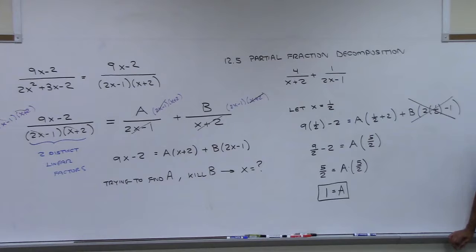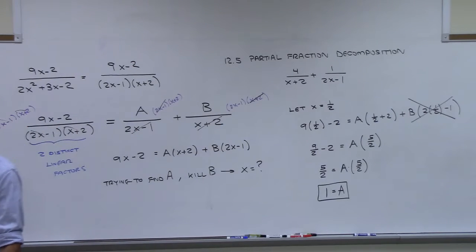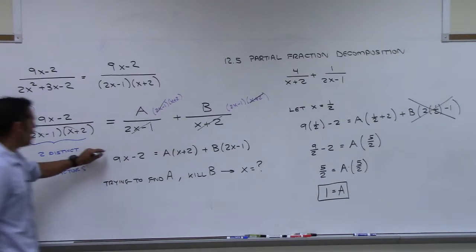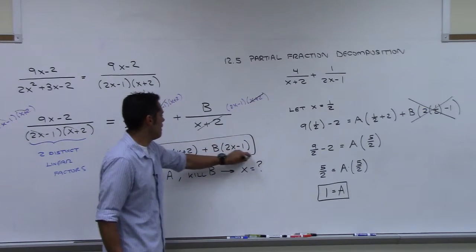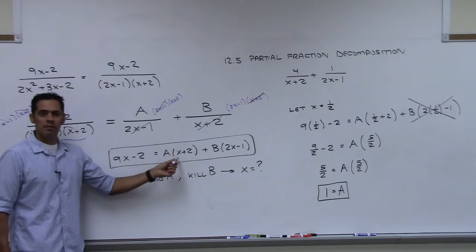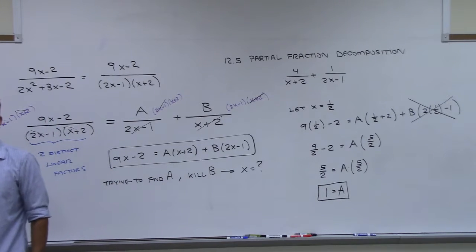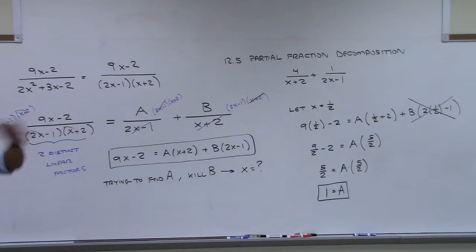Now you get to go get b. How do you get b? Play God again. Come back to this right here. And this time, kill this. So how could you kill this? Let x be -2. So we're going to rewrite the whole equation, replacing x with -2, and see what happens. Understand?